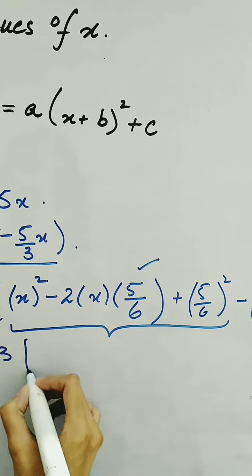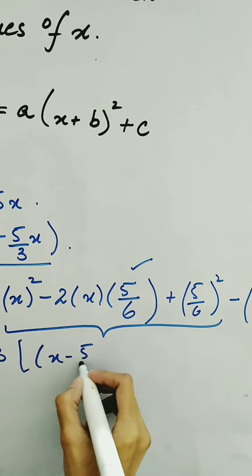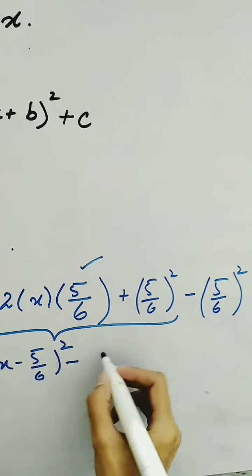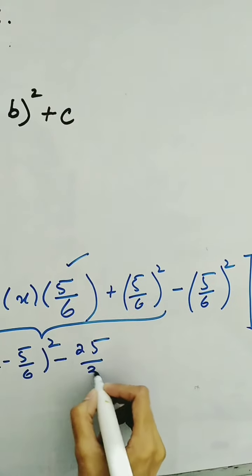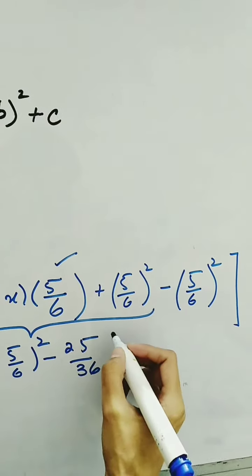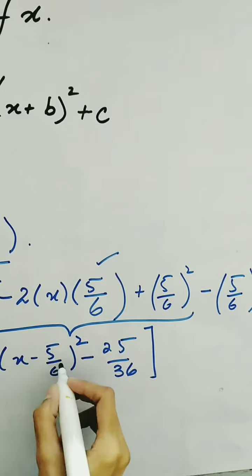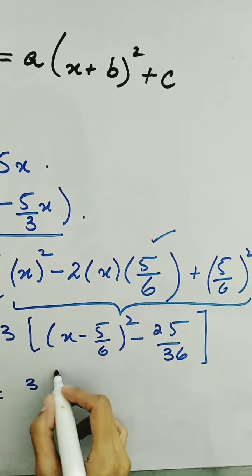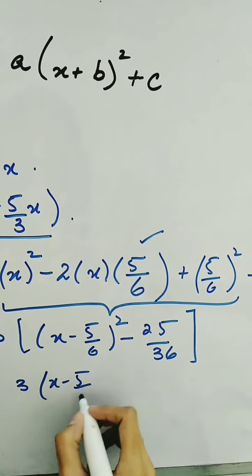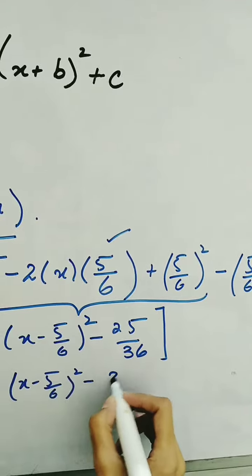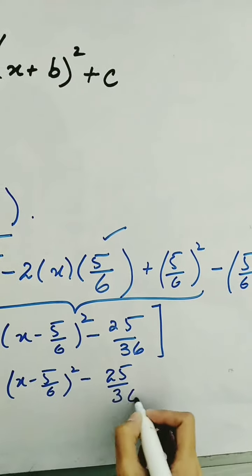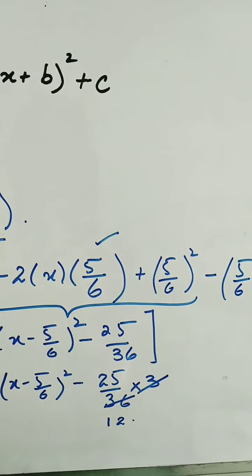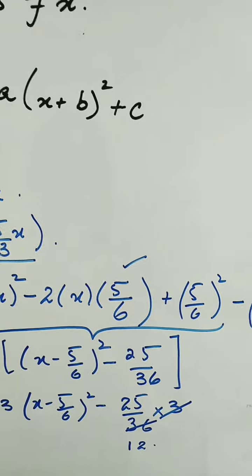Now we have x minus 5 over 6 whole squared, and then we have minus 25 over 36. Now we multiply this 3 with the bracket. We will have 3 times x minus 5 over 6 whole squared minus 25 over 36 times 3, which will cancel out and we will have 25 over 12.